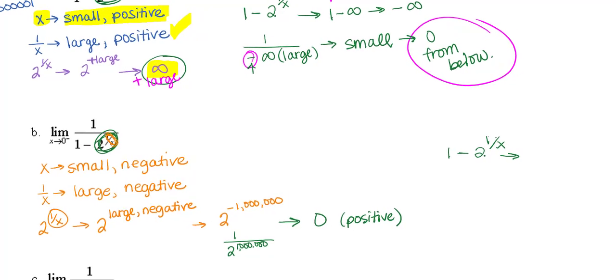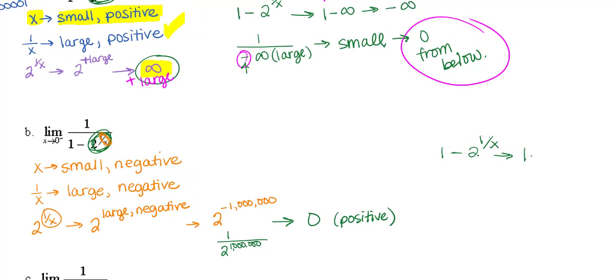Well, since 2 to the 1 over x went to 0, 1 minus 0 is going to approach 1. Again, x is approaching a small negative number like 0. x is not equaling, so we're saying this is an approximate value. Well, this will be approximately 1. Okay, and then that's my denominator. So 1 over 1 will approach 1.